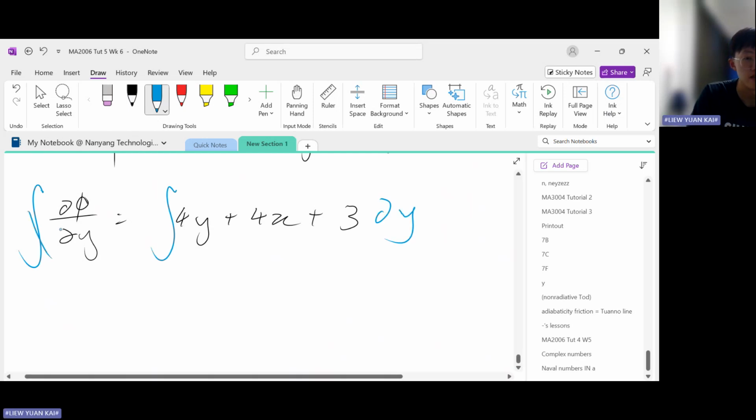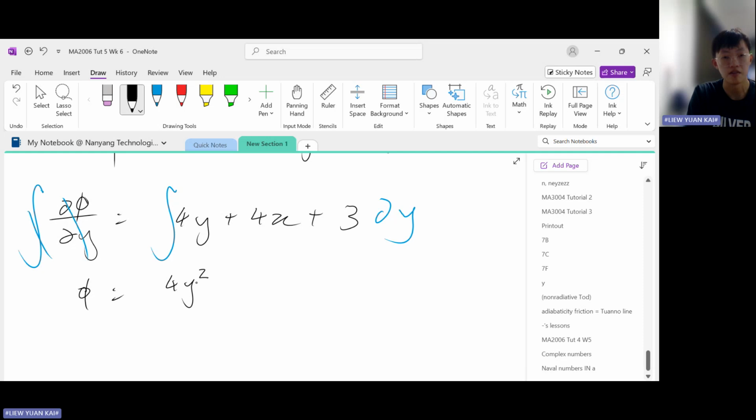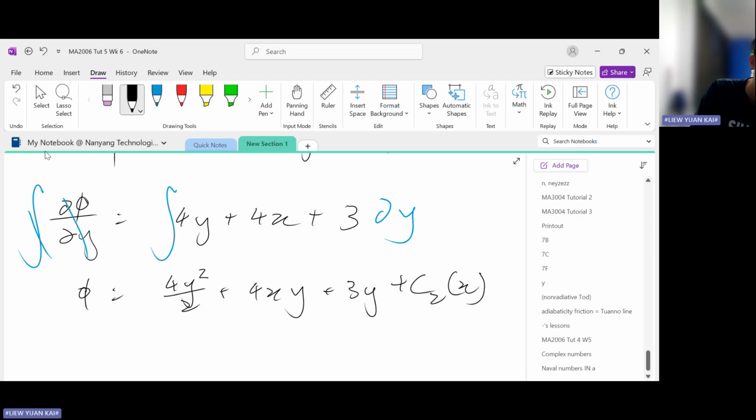Integration cancels with differentiation, leaving behind phi. Partially integrate with respect to y means x is a constant, so power plus 1 divided by new power. Then this one just treat it as a constant, so just attach y. This one also treat it as a constant, so attach y. And don't forget, you're partially integrating with respect to y, means your arbitrary function will be a function of x, plus c2 x.